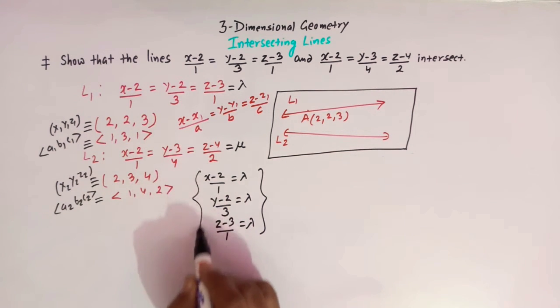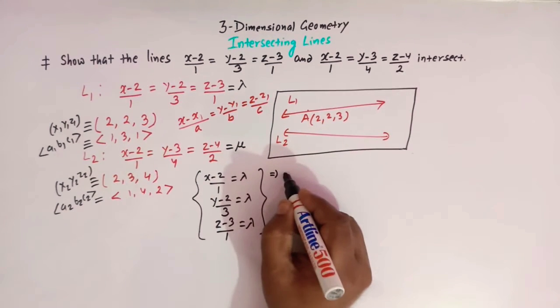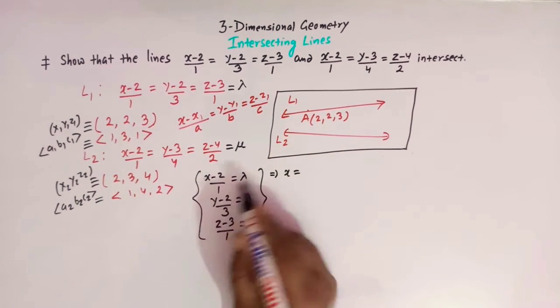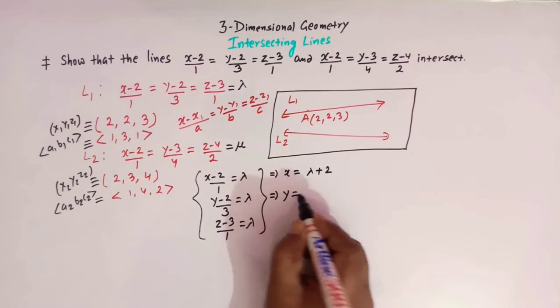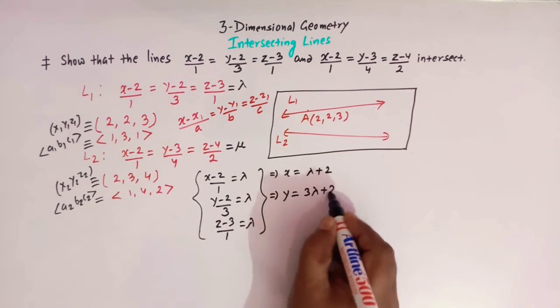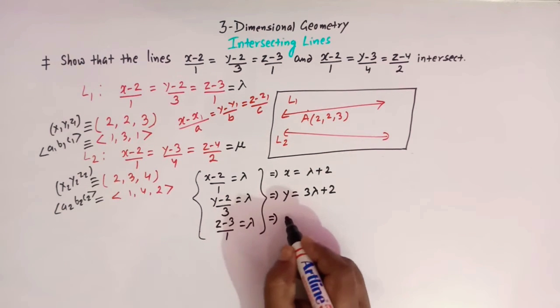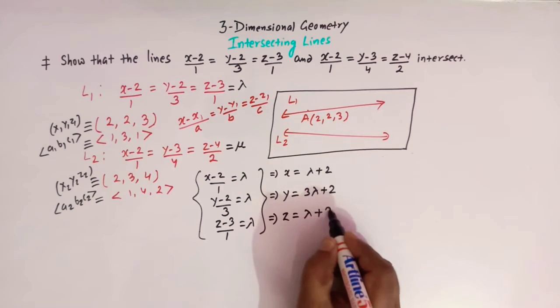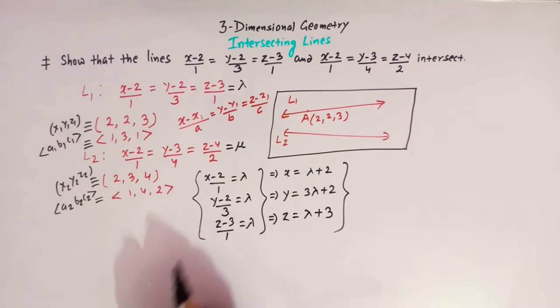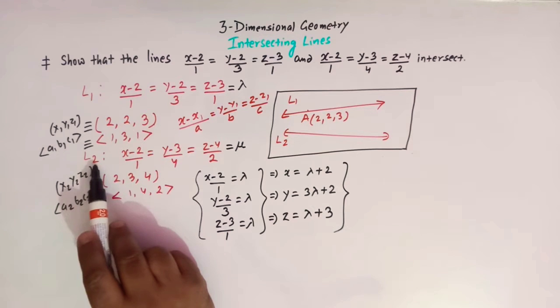So this is the first line. So we have x is equal to lambda plus 2, y is equal to 3 lambda plus 2, and z is equal to lambda plus 3, right? Okay, now let us take the line L2.